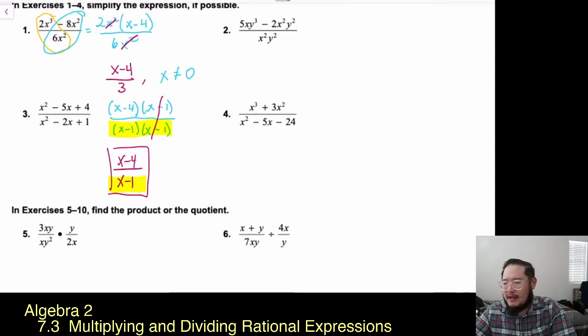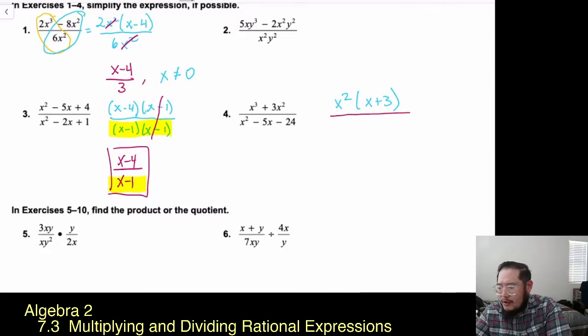Try to give you as many examples as possible. In my numerator, there's something you could factor out. I'll factor out an x squared, and we're left with x plus 3. In our denominator, hopefully you realize that that's factorable.